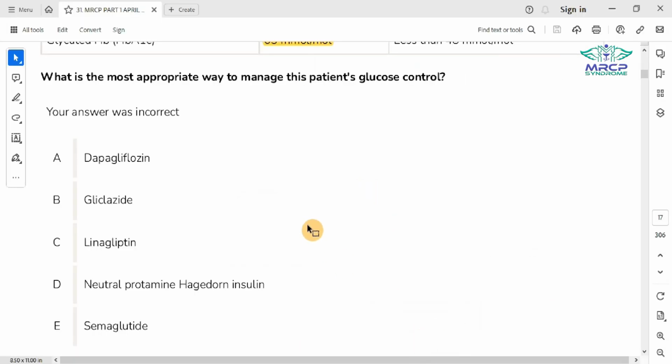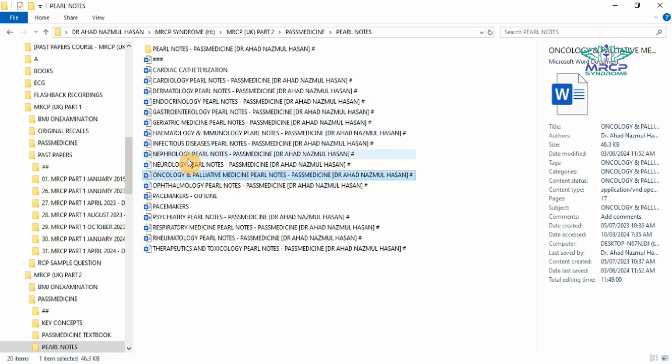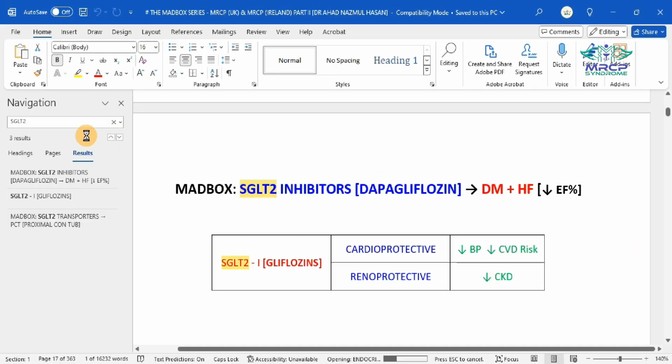So what are the adverse effects of SGLT2 inhibitors? Common adverse effects: the patient will come up with UTI, and euglycemic ketoacidosis, the euglycemic DKA.